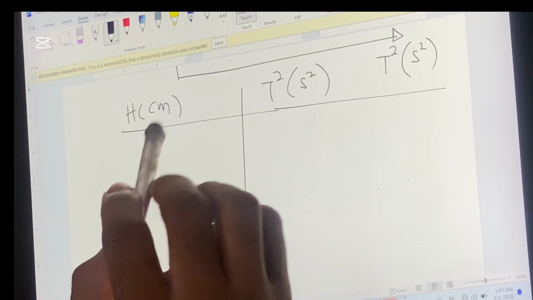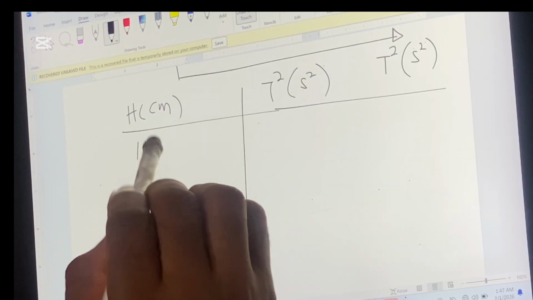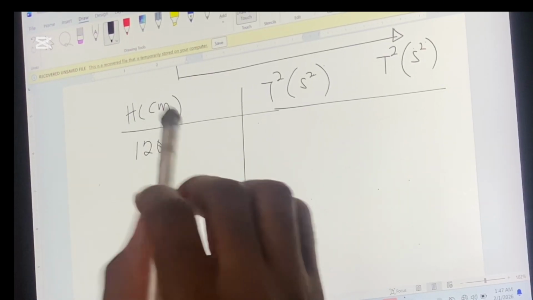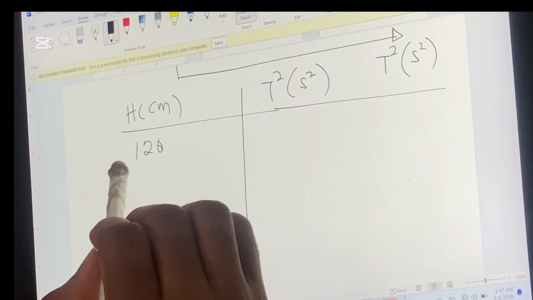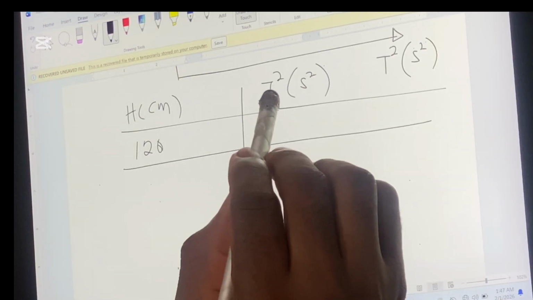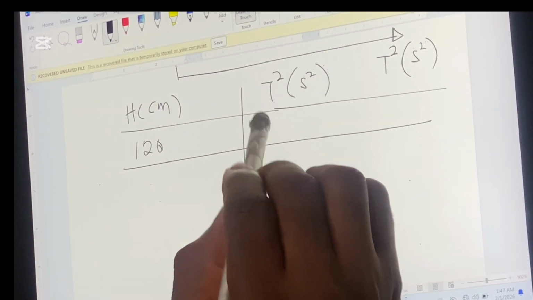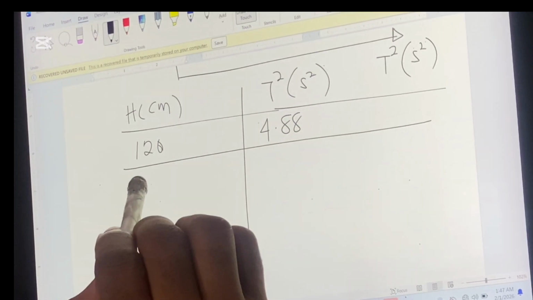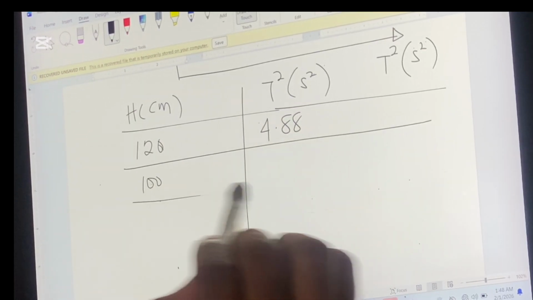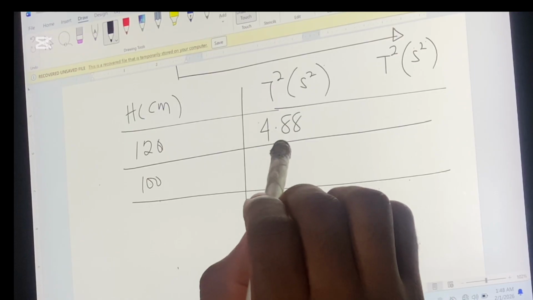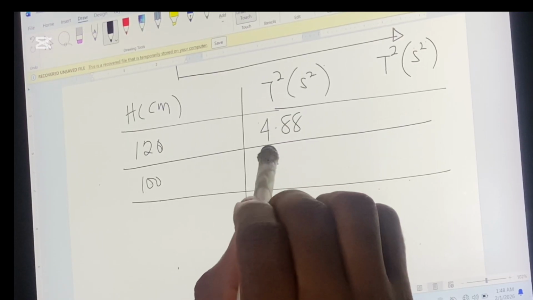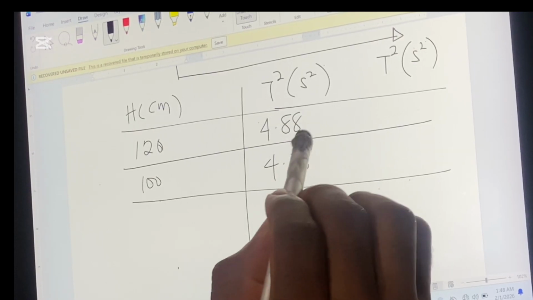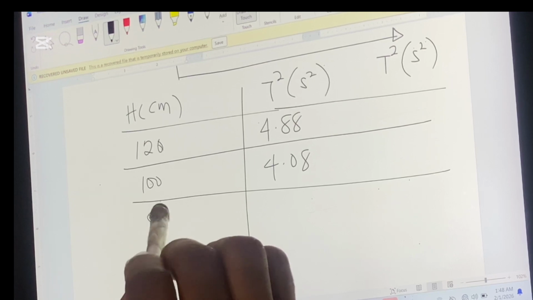The first value is 120. Of course, this cm affects everything here. The corresponding T square is 4.88. The next is 100. The corresponding value for T square is 4.08. The next is 80.